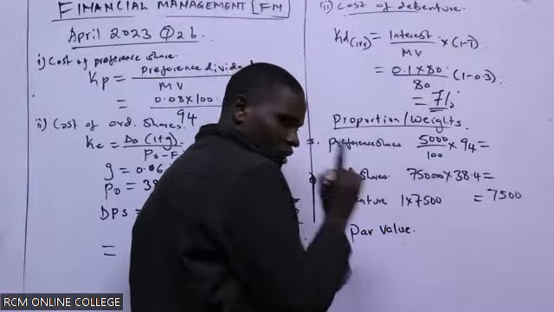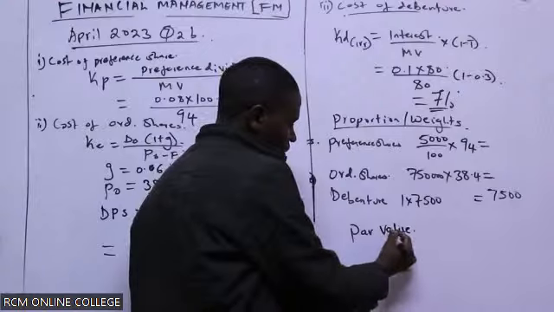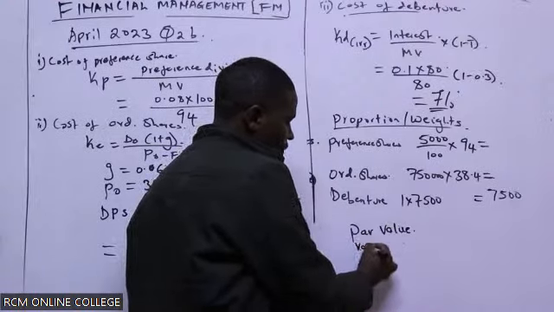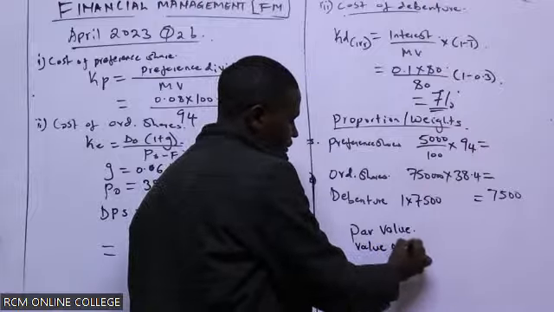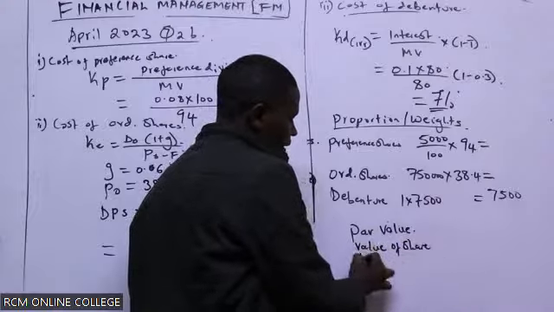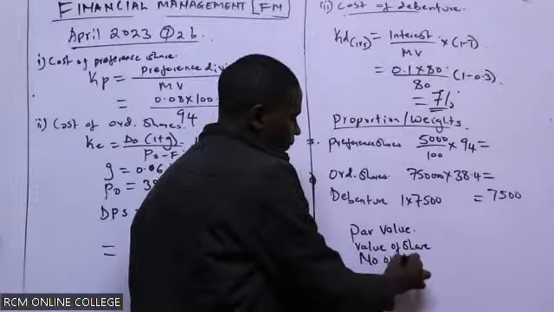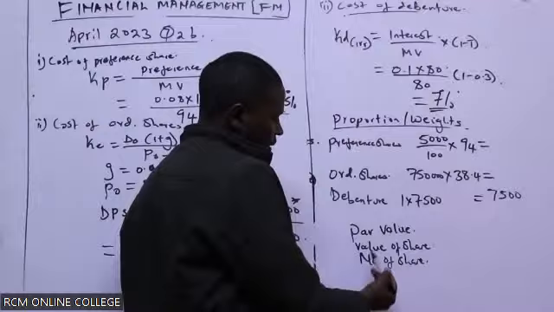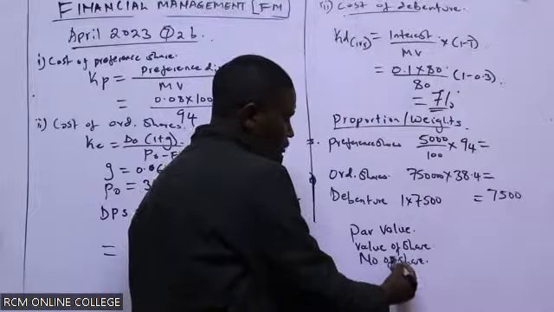Niliwaambia kuna hizi vitu tatu: kuna par value, kuna value of share, na kuna number of share. So the moment tumepewa number of share, hii ndio tunatafuta hapa.